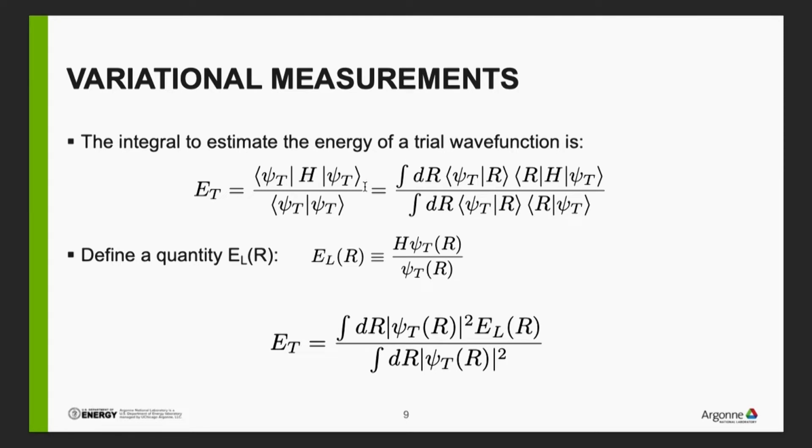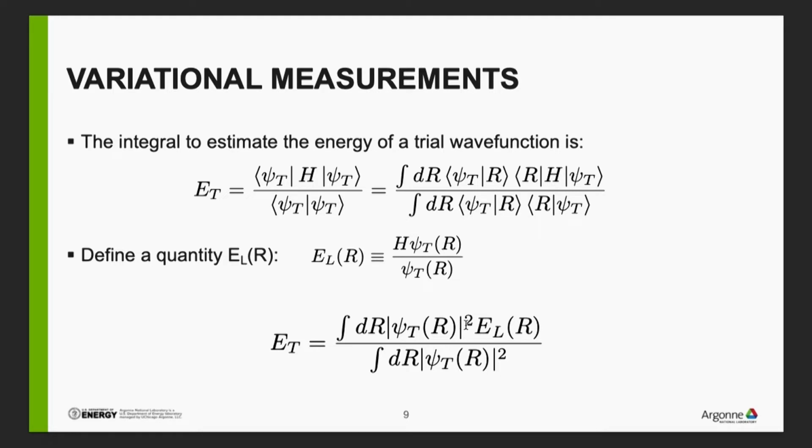And if I take our expectation value of the energy, rewrite it a little bit with this E sub L term, which is this H operator on the wave function divided by the wave function itself, this whole integral, you can show, lets you write this in this form, where you've got this probability distribution on the top, your normalization on the bottom, and then E sub L. And if we sample R from the right probability distribution, we just compute E sub L for every R we've sampled, sum them all up, and that's an approximation of our integral.